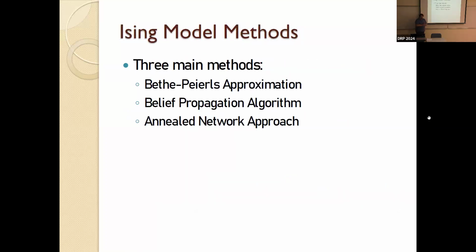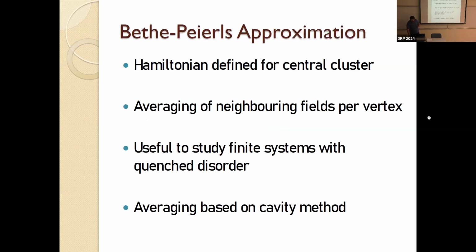So there are three main methods that we will explore in order to utilize this Ising model on networks, which are the Bethe-Peierls approximation, the belief propagation algorithm, and an annealed network approach. So, the Bethe-Peierls approximation.